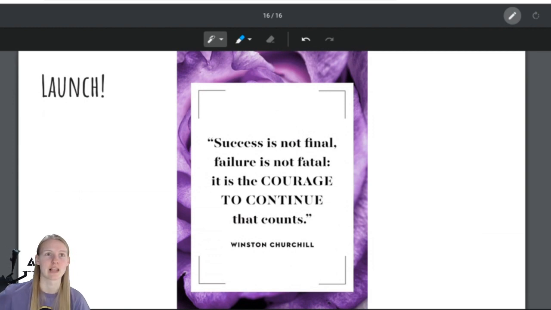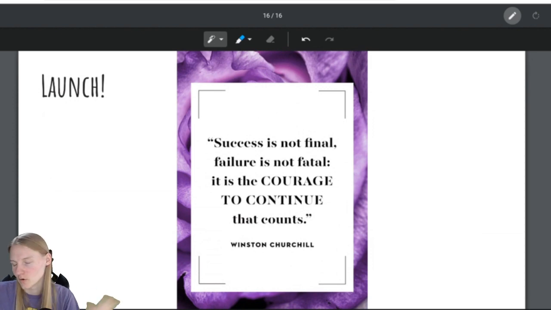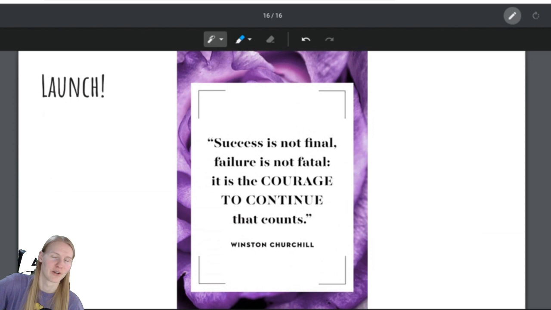So if you got slapped by your doctor when you were born, well, slapped. Okay, you know what I mean. We're not beating up babies. We will never do that ever. But you get what I mean. That we have failed at a lot of things, even breathing, when we first were born. So failure's okay, and you're not going to die from it.